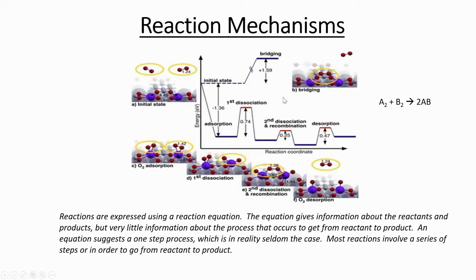So you're doing a lot of little things, and that's a mechanism. That's what makes up going from your reactants to your products. There are different steps involved in going from your reactants to your products, just like in the road trip, going from your origin to your destination.